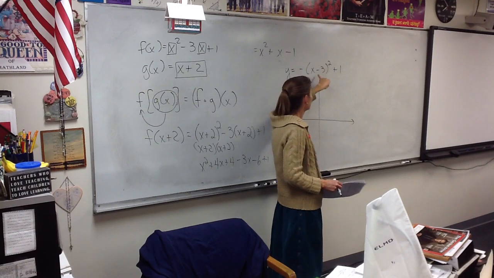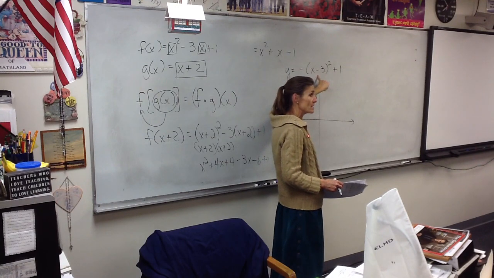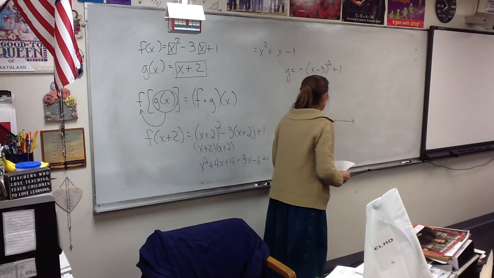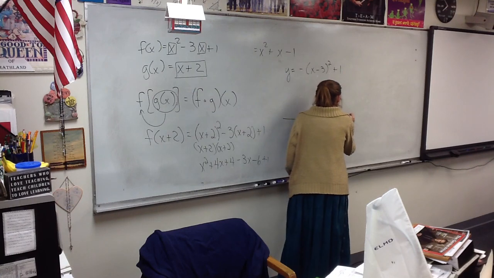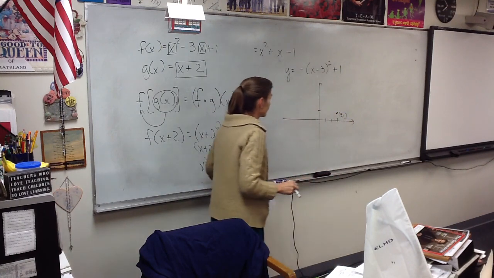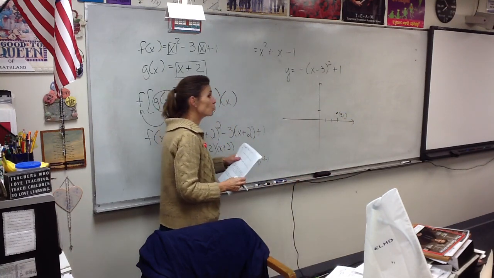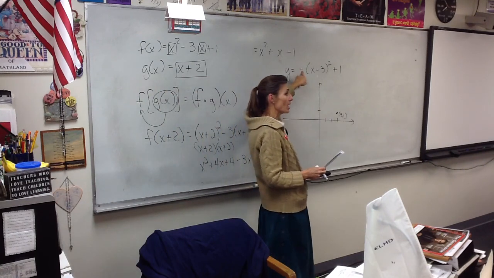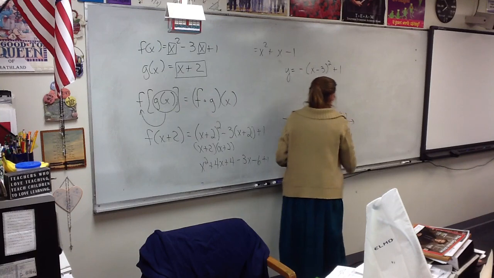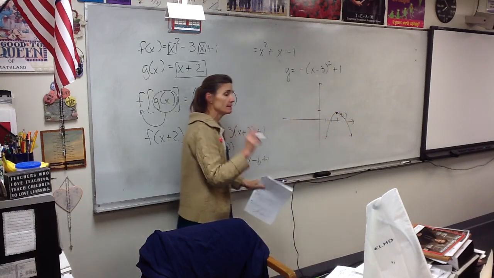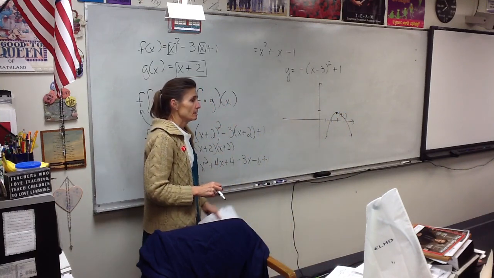Where's the vertex? 3, 1. The vertex is at 3, 1. Which way does this parabola open? Down. Perfect. Done. Easy. That's it.